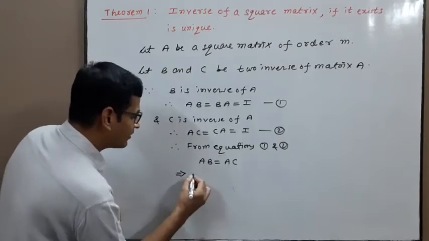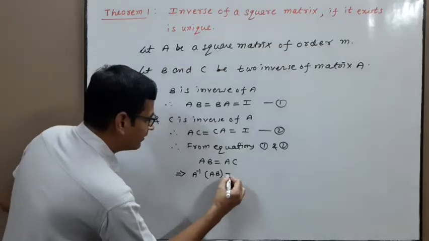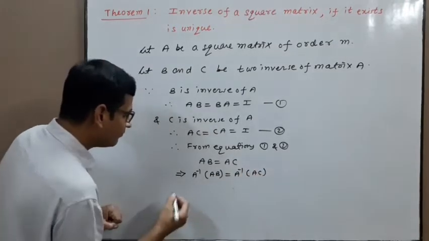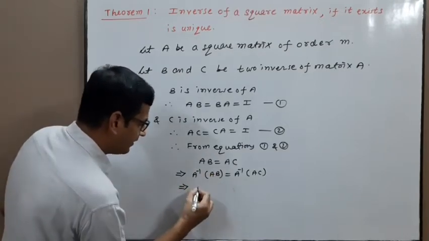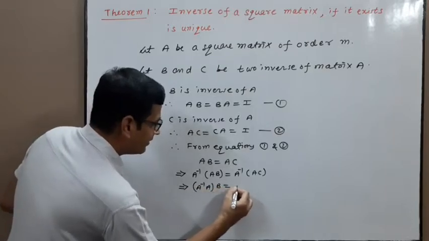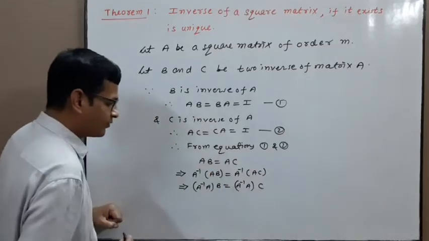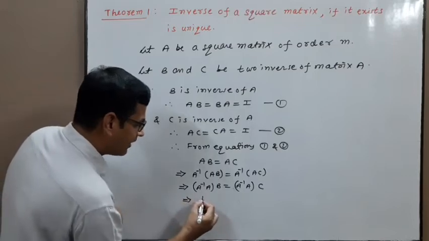Now multiplying both sides by A inverse. A inverse into AB is equal to A inverse into AC. Now apply associative property. A inverse AB can be written as A inverse into A into B is equal to A inverse into A into C. Associative law. A into A inverse is equal to identity matrix.